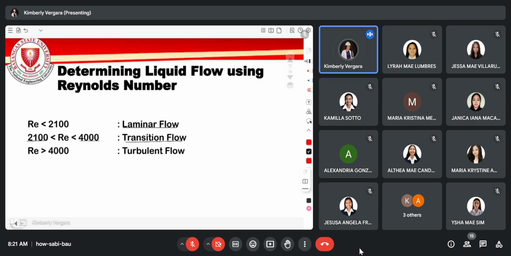Okay po. Kapag turbulent, 4,000 or greater than 4,000. So, tatandaan po natin ito. Gamit ninyo ito hanggang sa comprehensive exam ninyo. Huwag ninyo po itong kakalimutan. Naintindihan?